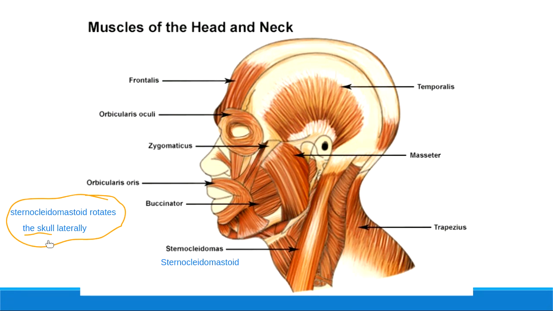So when my head gets closer to my sternum, when the distance or the angle between them decreases, that is flexion. That was our definition of flexion. So the angle goes from being this big to being smaller. That's flexion. So the two actions when we're predicting our actions on sternocleidomastoid, the first one is that we're rotating laterally. The second one is that we are flexing, or we're bringing it closer together.